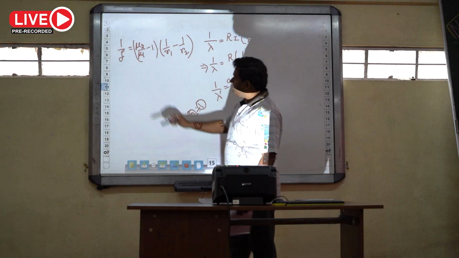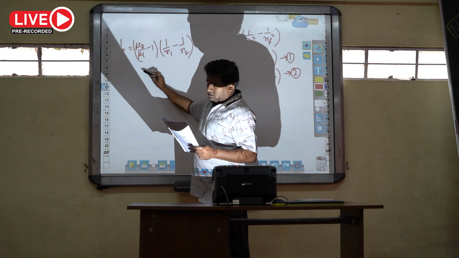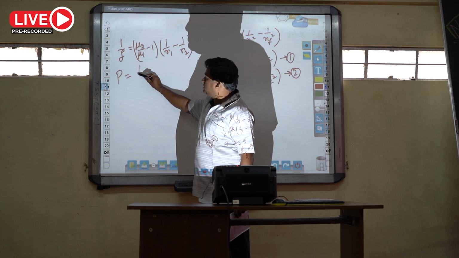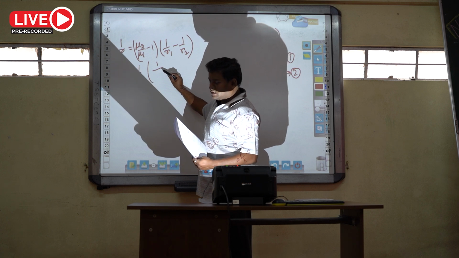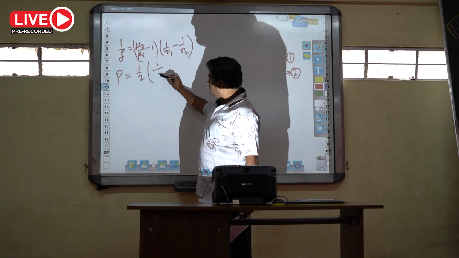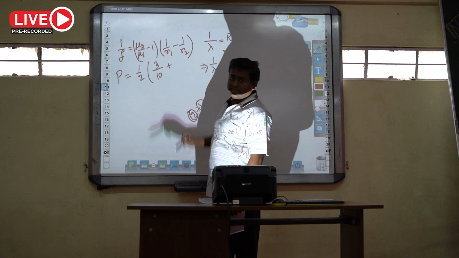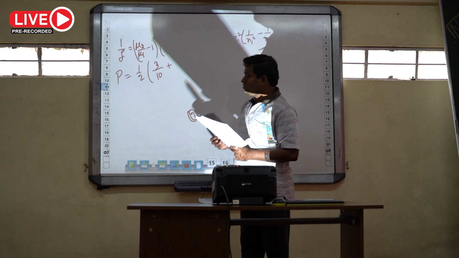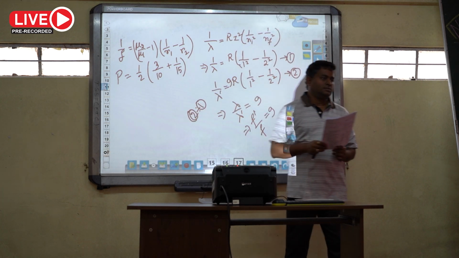So this 1 by f is power. So that thing you have to calculate. Refractive index of the lens 3 by 2. So this is 3 by 2 minus 1 means half. 1 by r1, so first surface 10 by 3, and second surface, since it is biconvex, second surface is a negative sign of the radius of curvature, so it will be 1 by 15.